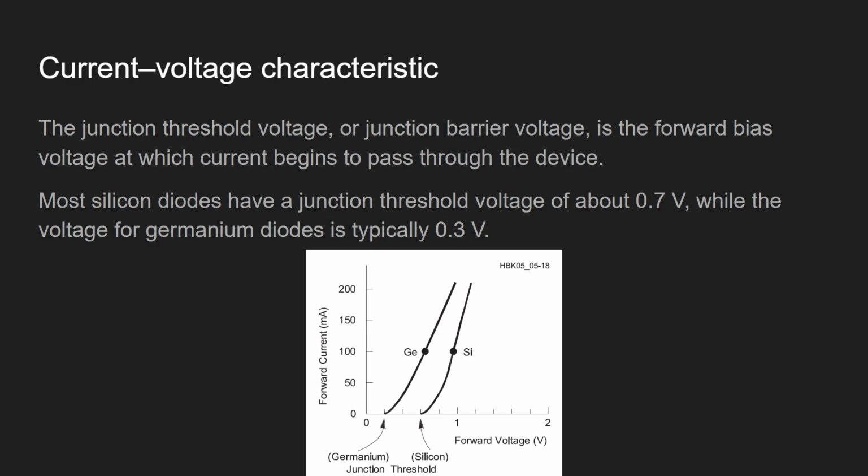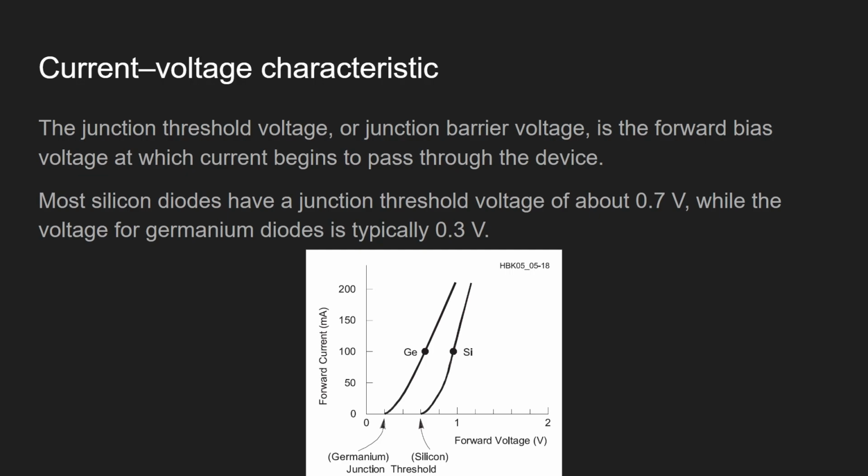And we have two types of diode, made with silicon or germanium. For silicon diodes, the threshold is around 0.7 volt, and for germanium it is around 0.3 volt, which means silicon has a higher threshold voltage.